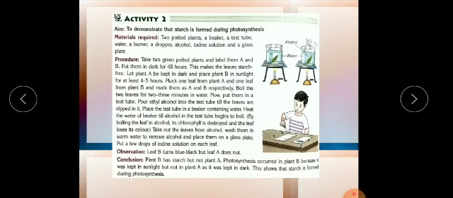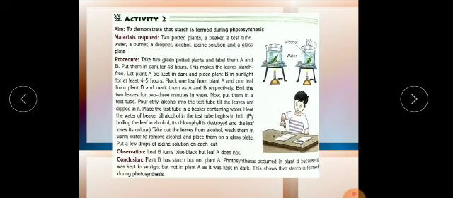So before doing the photosynthesis process or starch test, we should de-starch. De-starch means we should remove the starch by keeping the plant for 48 hours in a dark place or dark room. After that we have to pluck one leaf from that de-starched plant, the plant we have kept for 24 to 48 hours.